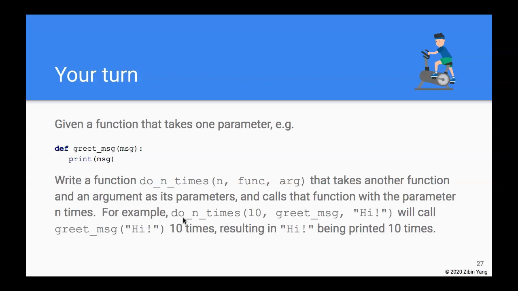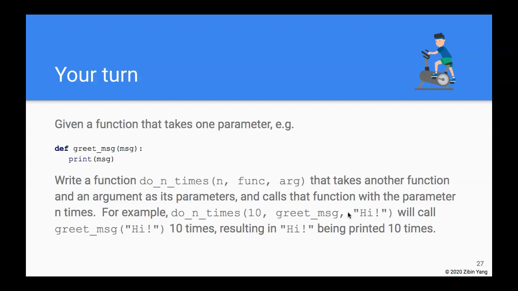For example, do n times with 10, greet message, and the message hi, will call greet message hi 10 times. Pause the video and try to write this do n times function.